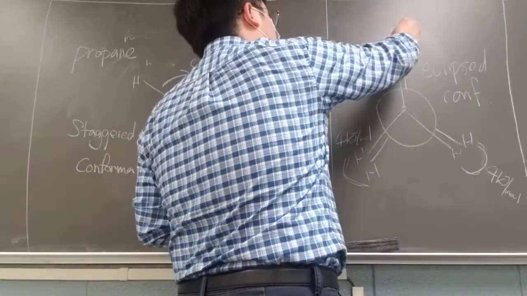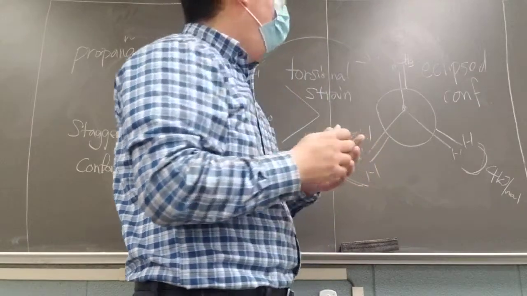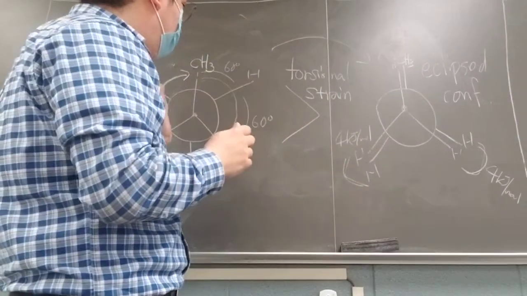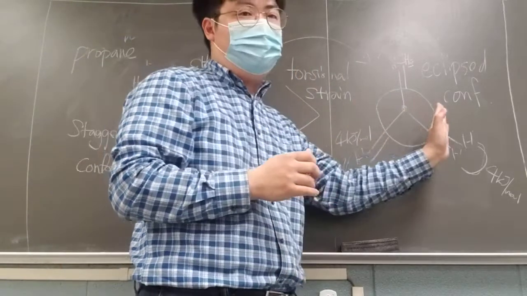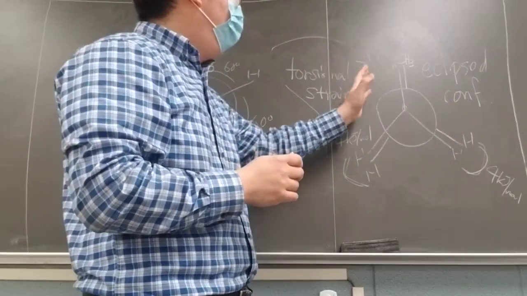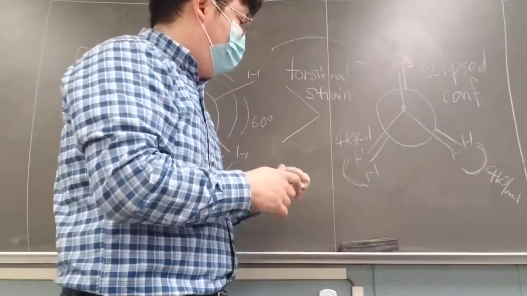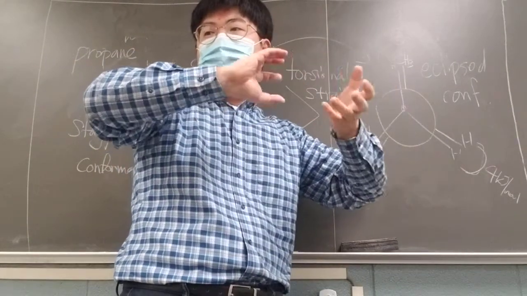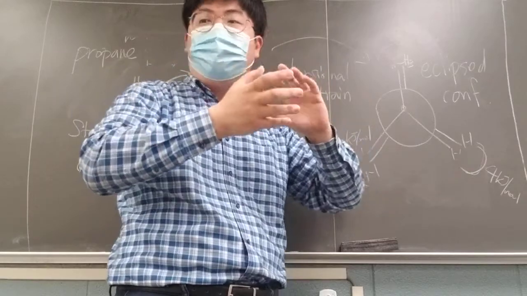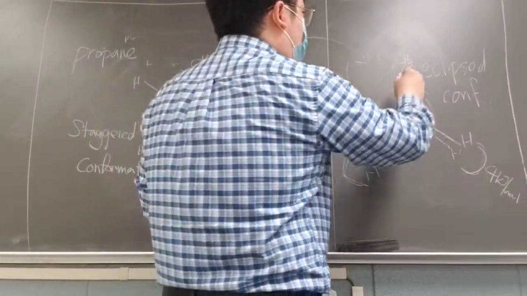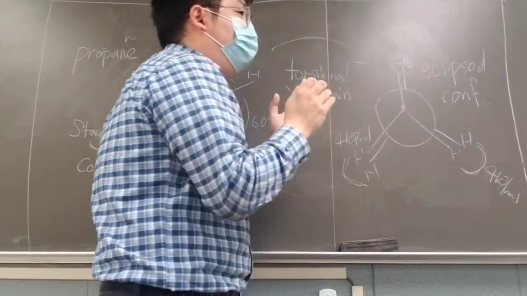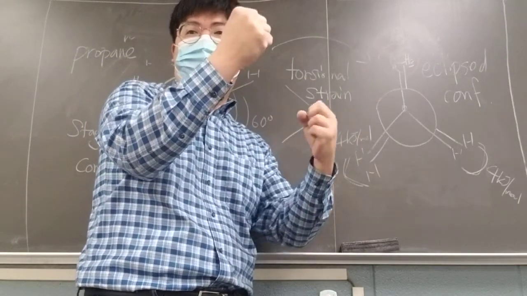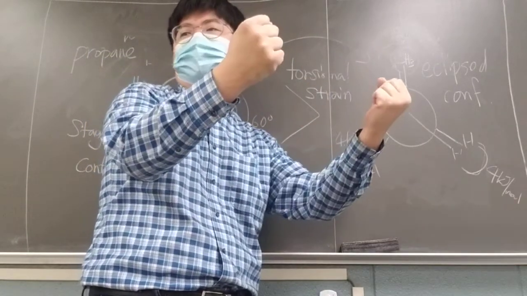It's about 6. Okay, so now you see this. To make this propane into the eclipsed position like this, you need even more energy. So it's not just about the position anymore. It's not about just simply rotating, but also what? The methyl group. The difference between just one hydrogen and one methyl group is obviously size. Okay?